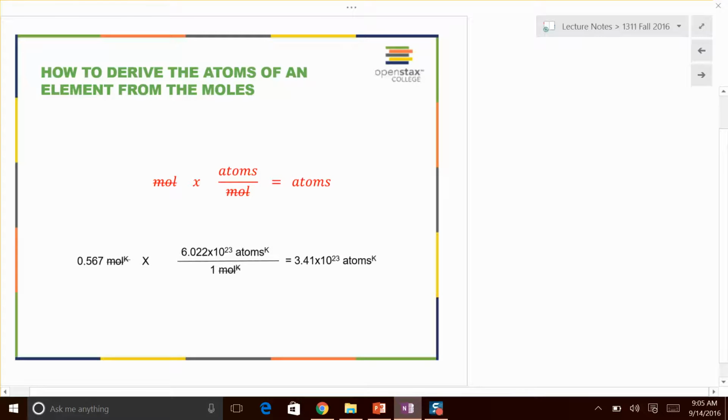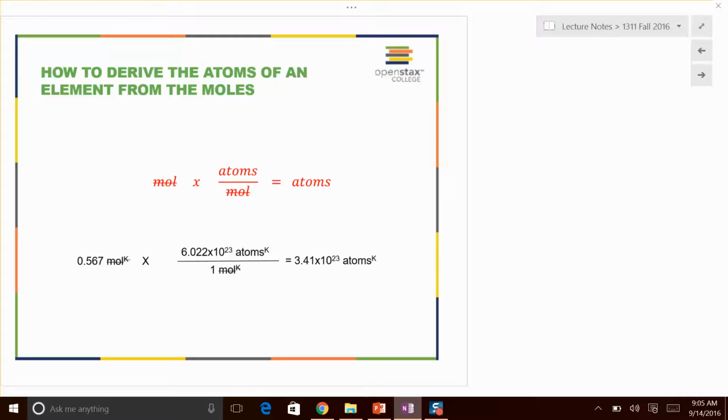Okay, well, what about the other way? Moles to atoms. Now I'm starting with the number of moles, and it could be any number of moles. If I started with 1 mole, then this answer would be 6.022 times 10 to the 23rd. But here I'm starting with half a mole, basically, 0.567. So how many atoms is 0.567 moles?